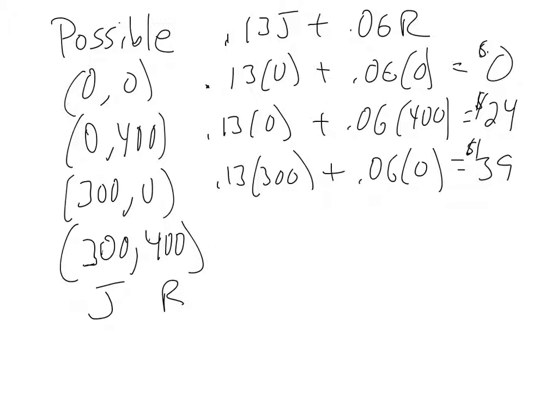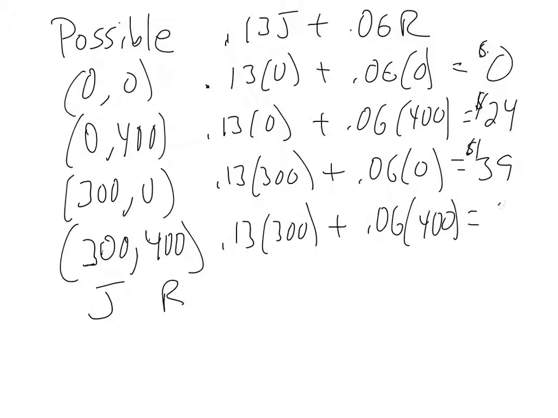And then if I take 13 cents times 100 plus 6 cents times 300, that's going to be $31. So it looks like the 300, 0 combination is going to be the one that maximizes their income.